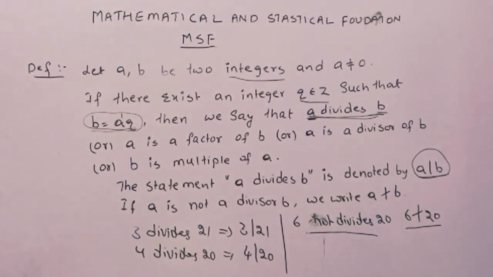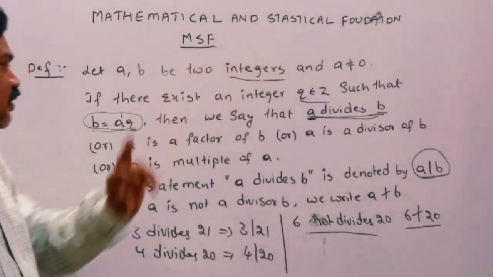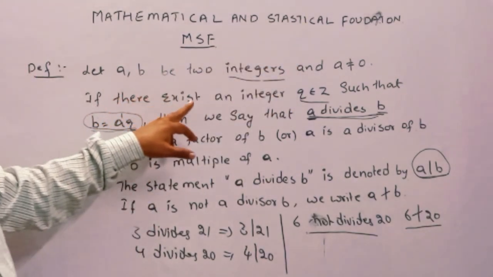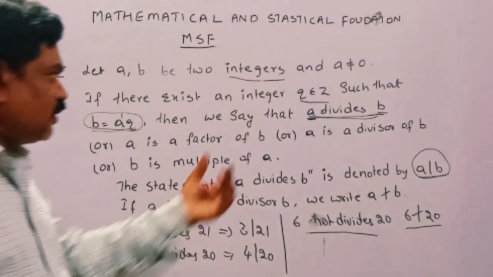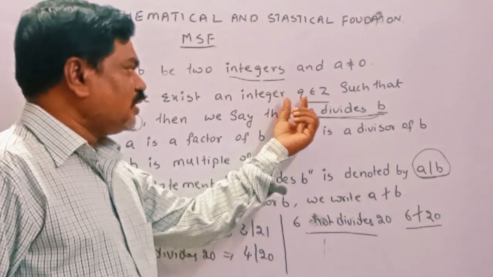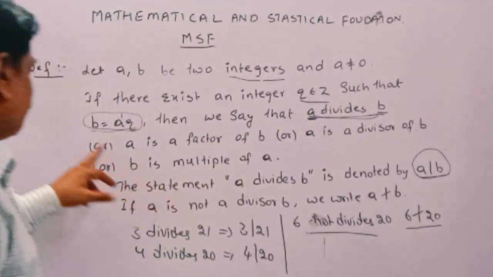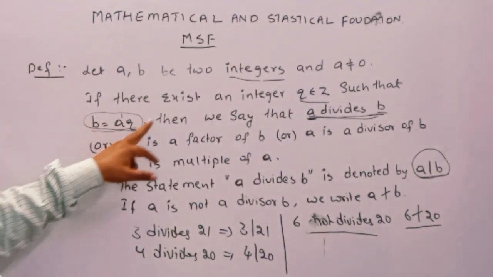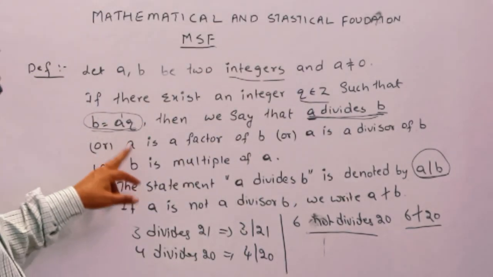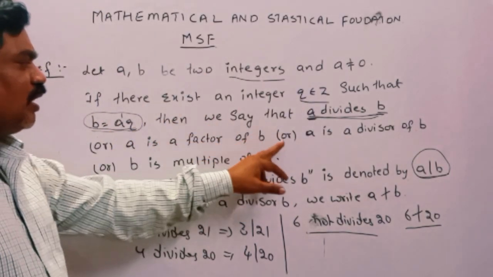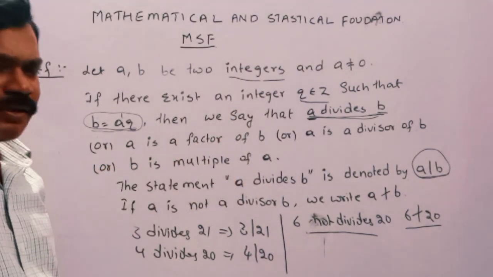Let a, b be two integers, a not equal to 0. If there exists an integer q belonging to Z, meaning q is an element of the integer set, such that b is equal to aq, then we say that a divides b, or a is a factor of b, or a is a divisor of b, or b is a multiple of a.